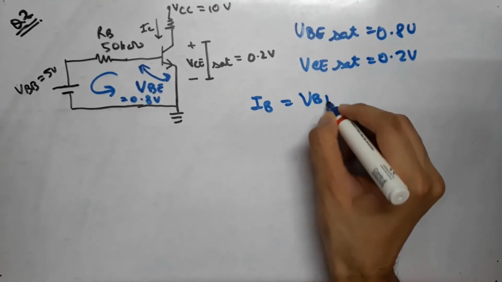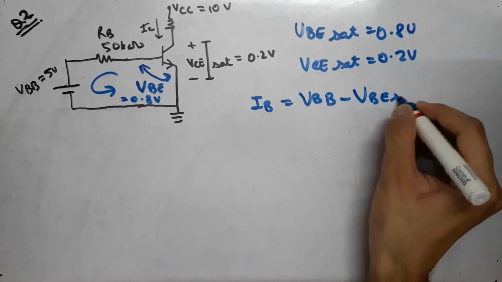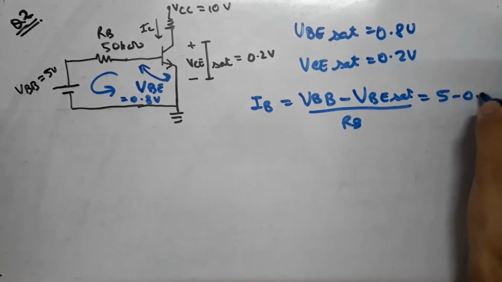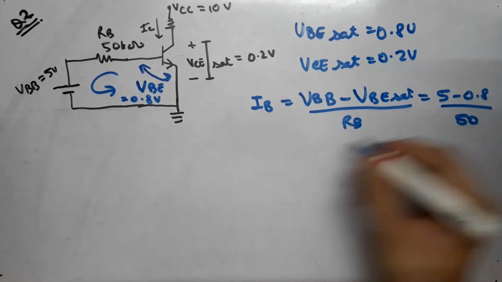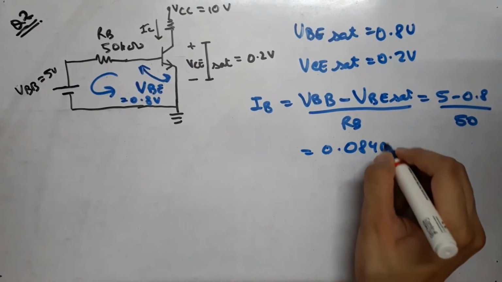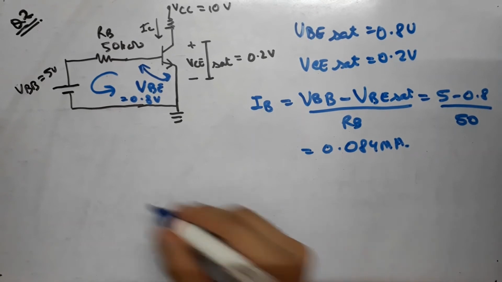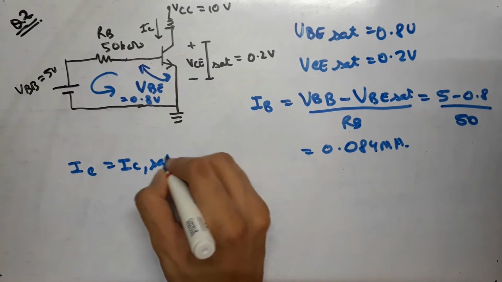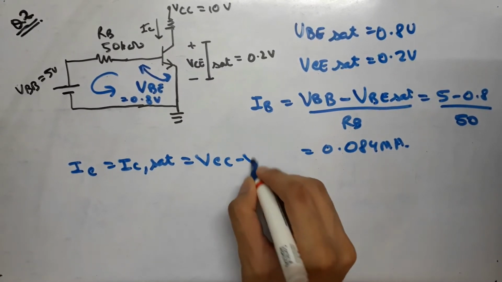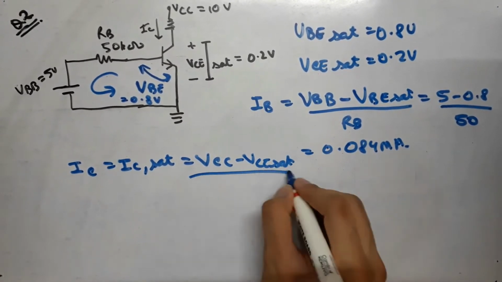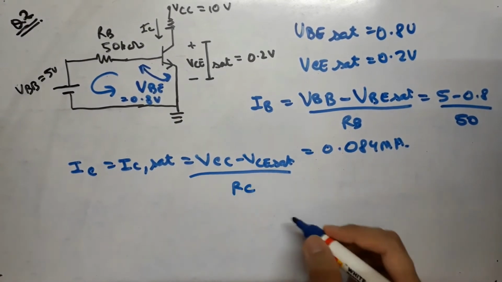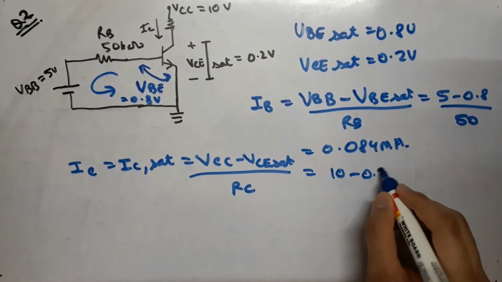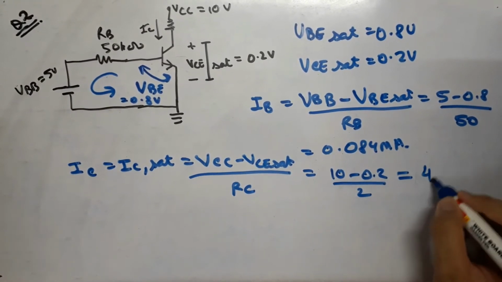IB is equal to VBB minus VBE saturation upon RB, that is 5 minus 0.8 upon 50, equal to 0.084 milliampere, and the collector current IC saturation is VCC minus VCE saturation upon RC. Putting the values, 10 minus 0.2 upon 2 is equal to 4.9 milliampere.